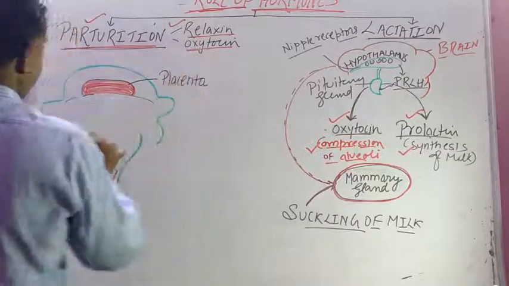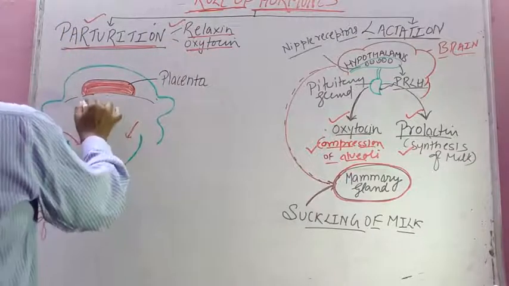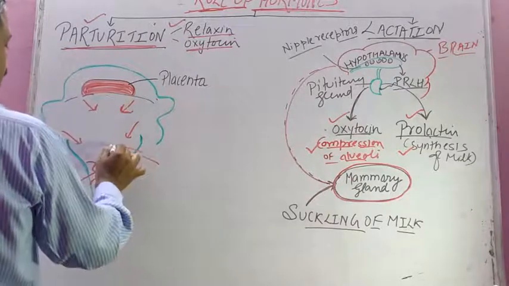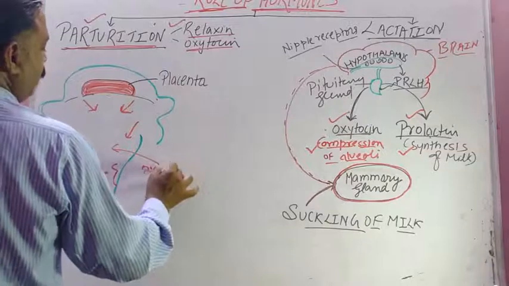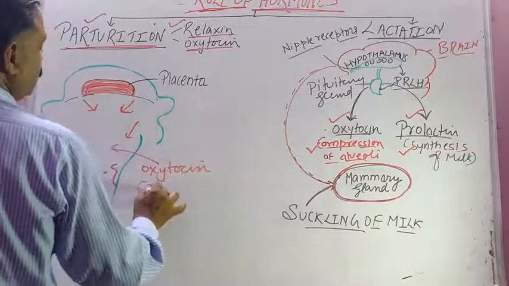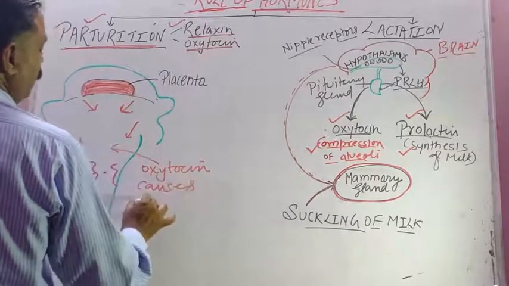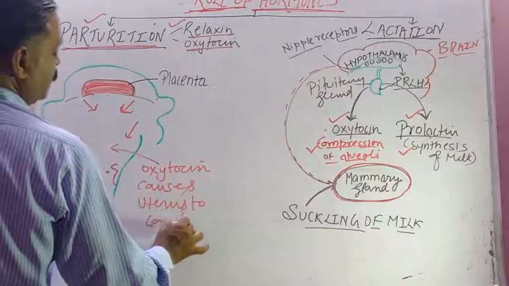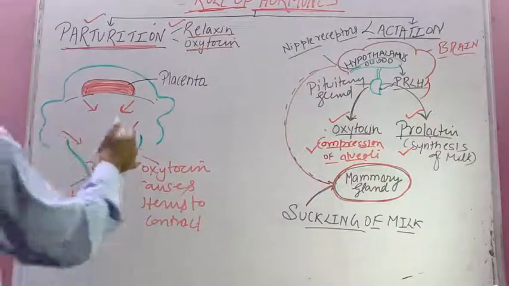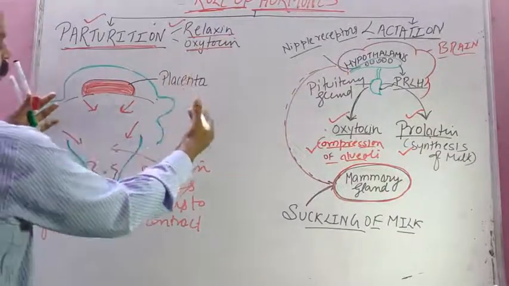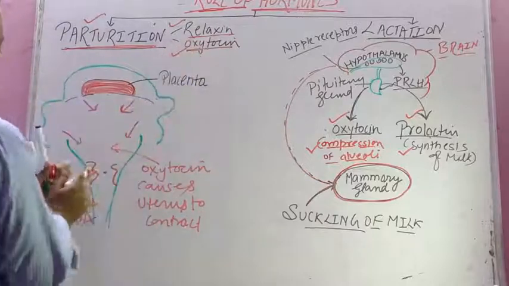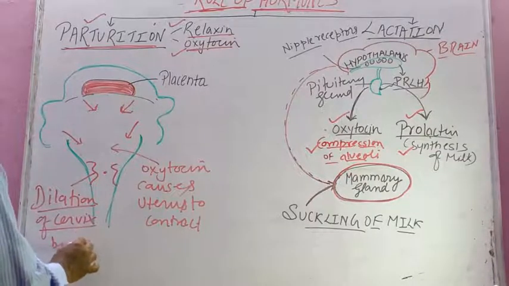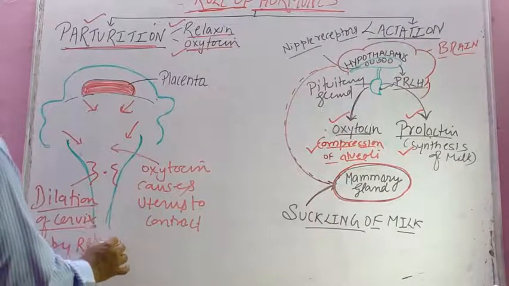And oxytocin causes the uterine wall or uterus to contract. So these two processes facilitate parturition. On one side there is contraction of the uterus by oxytocin, and on the other side the dilation of the cervix by relaxin. So these two give the way for the outcoming fetus.